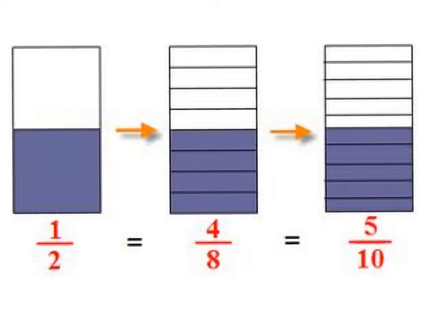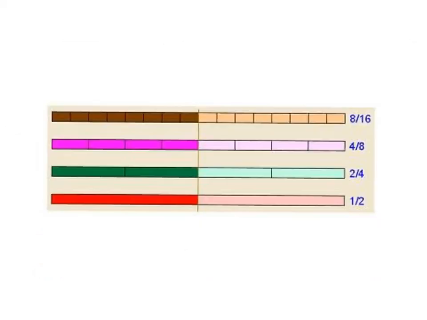In fact, if you look at this last model over here, this is divided into tenths. 5 out of those 10 parts are shaded, so 5/10, 4/8, 1/2 are all equivalent fractions. We're showing you some more equivalent fractions for 1/2.